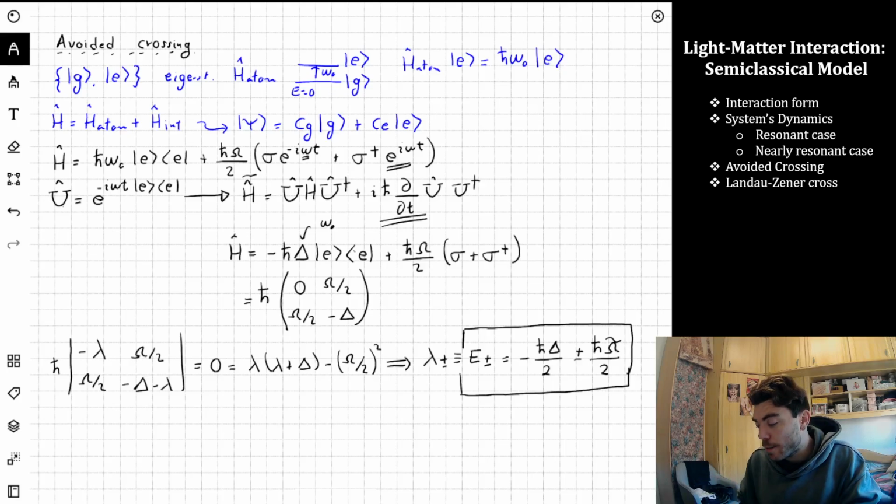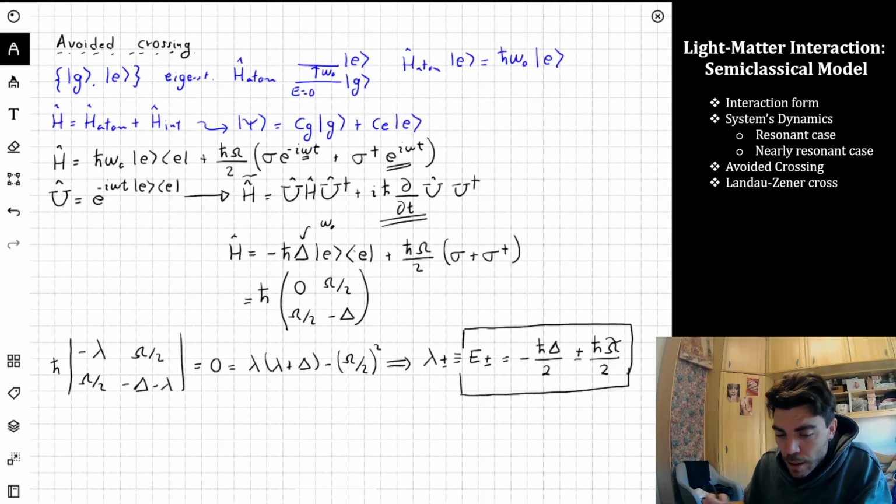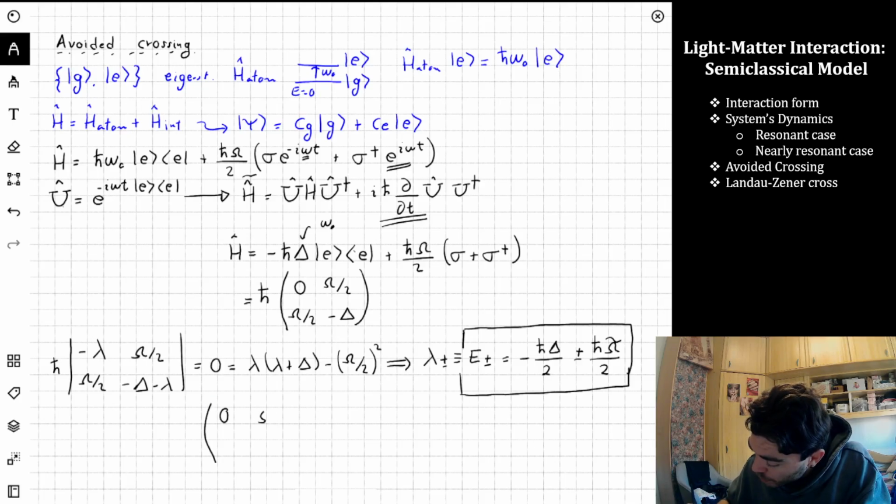But one can also calculate the new eigenvectors, so the new eigenstates. Just to recall, I'm not going to do it, but one would apply the Hamiltonian onto one state that we call A and B, which is the eigenstate, and this should be equal to the energy, the plus or the minus, applied on the eigenstate.